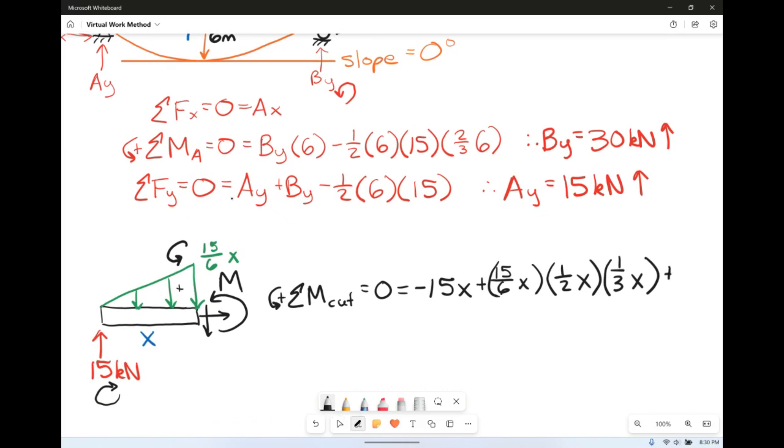Then don't forget we also have our moment. So rearrange to solve for m, and we're going to get that m is equal to 15x minus 5 over 12 times x cubed. Now remember, this is the same throughout the entire beam. So we have our moment equation in terms of x.